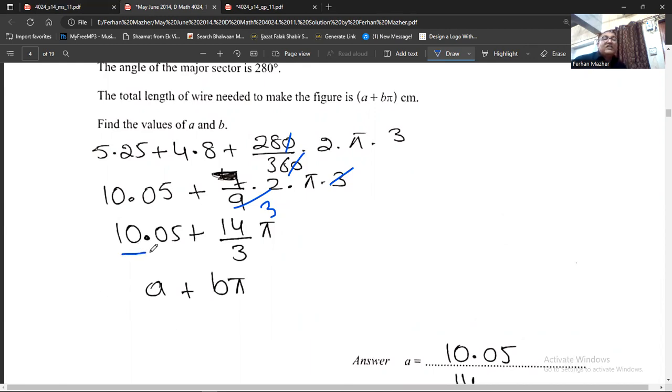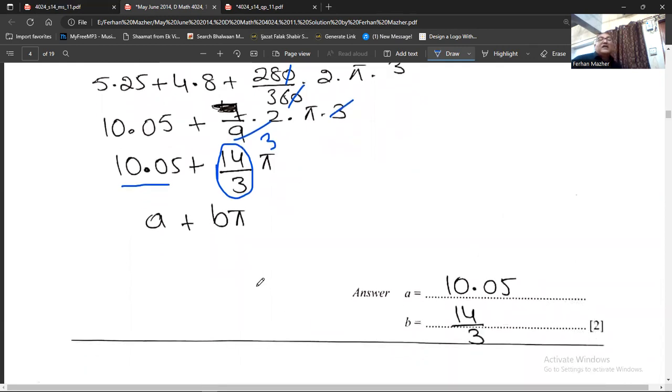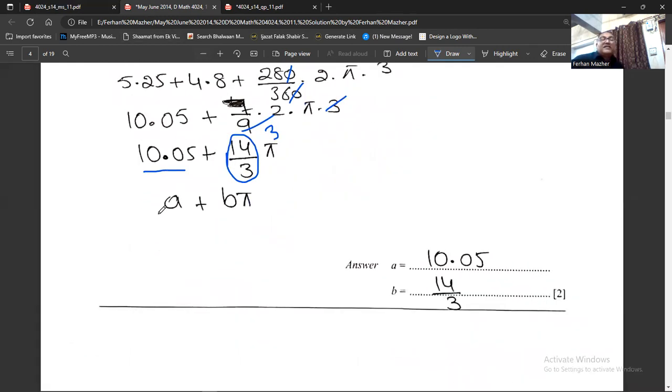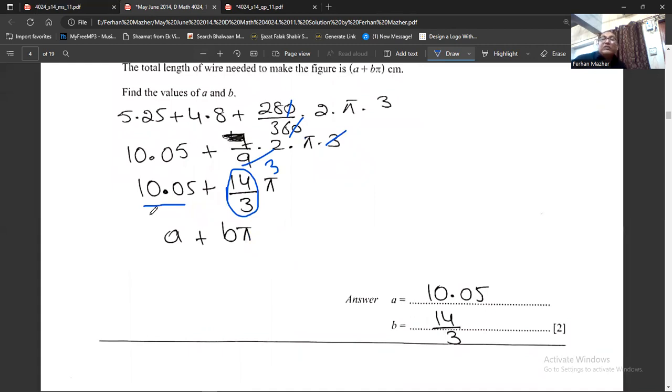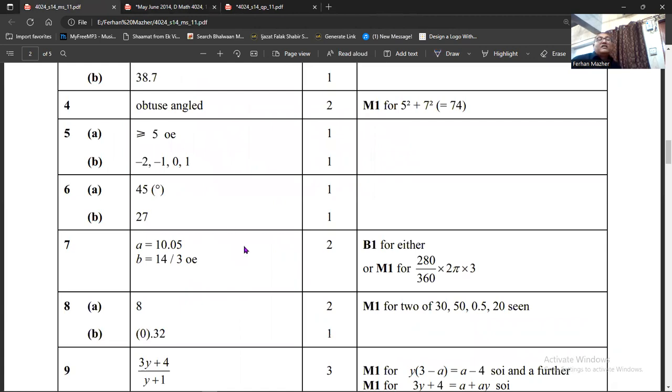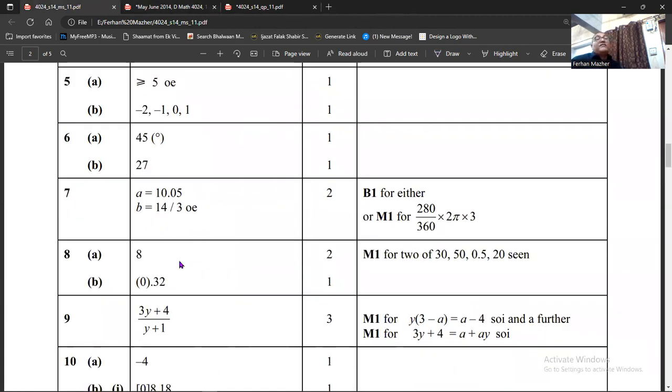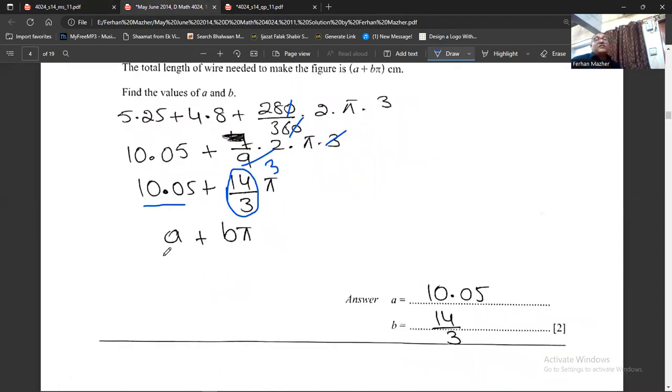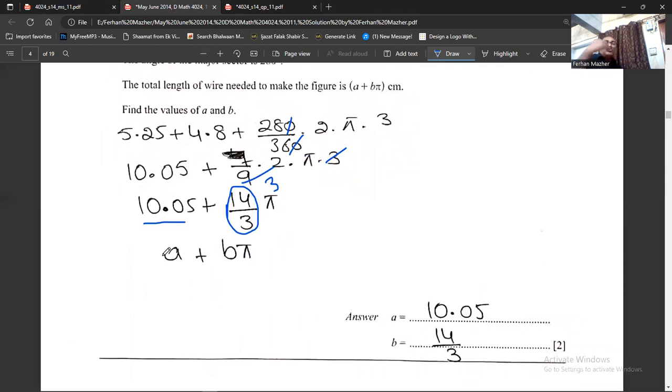So this is the value of A and this is the value of B. So A will be 10.05 and B will be 14 by 3. I hope you understand, this is the solution.